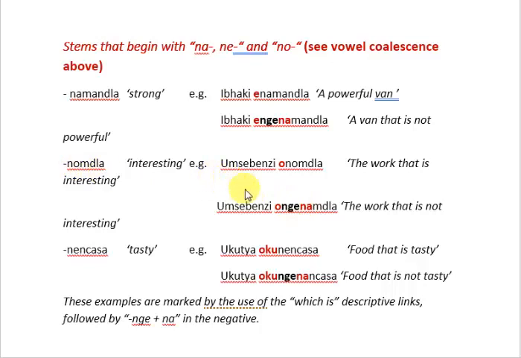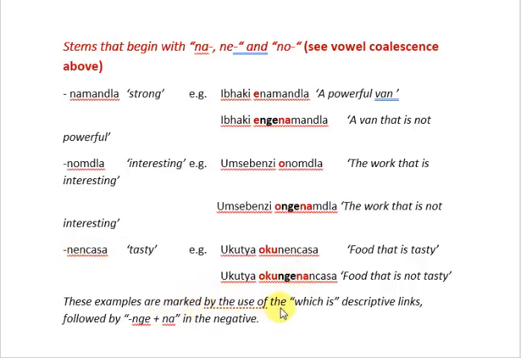So your no has once again become na mdla. Nencasa, ukutya okunencasa, food that is tasty. Ukutya okungenancasa, which is not tasty. So again, your ne has become na.